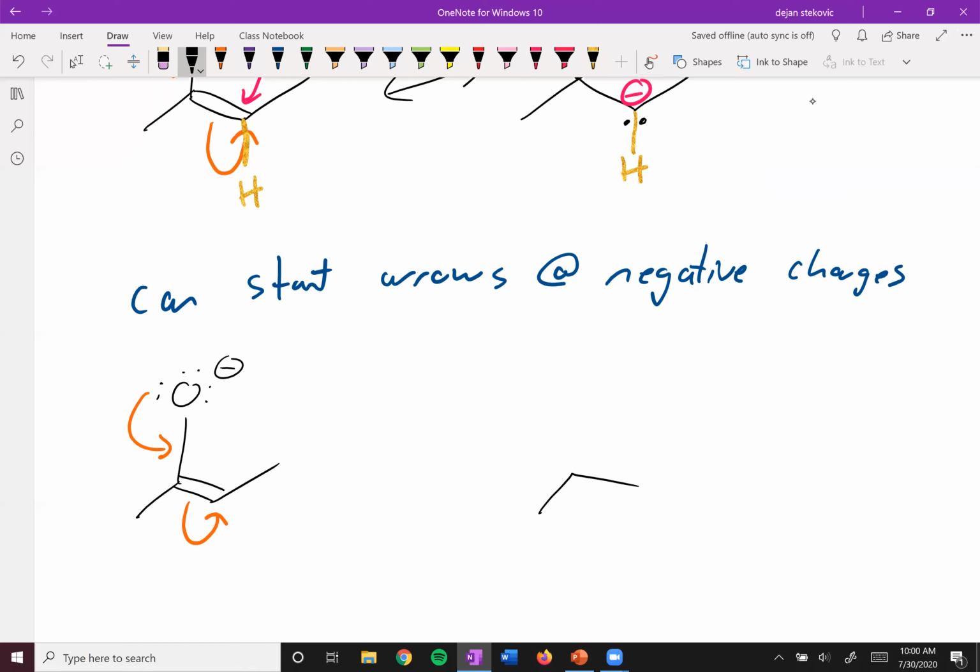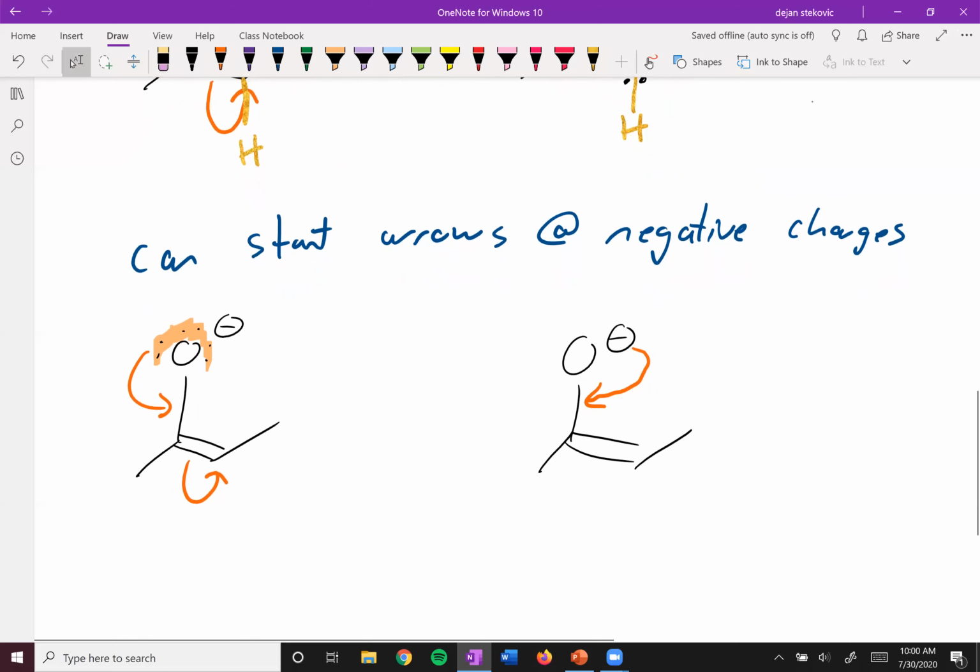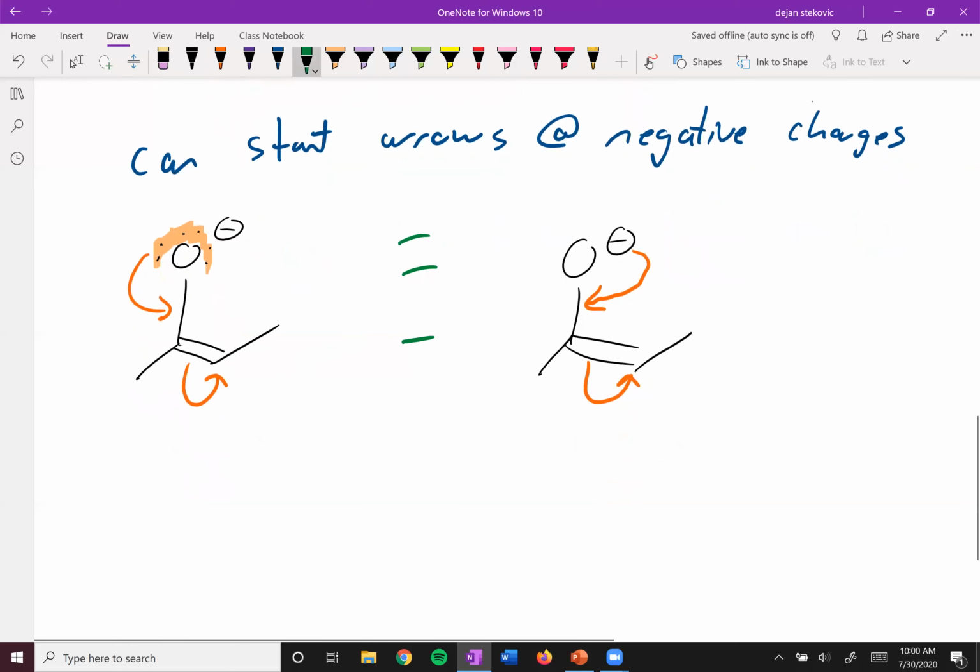But you could also draw this structure just like this, right? Now I've omitted these lone electrons. I haven't drawn these lone electrons. That's totally fine. Remember, we don't have to draw these. And so I can just start my arrow at a negative charge, and that implies that they're coming from a lone pair. And then just move it up here. And so these two are exactly the same thing, right? And they both end up with the same resonance structure of this guy right there.